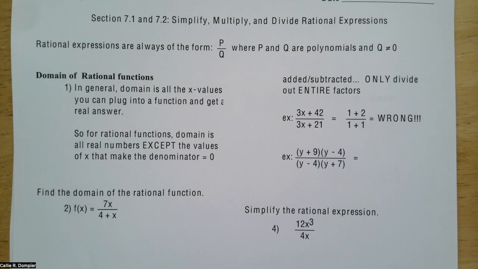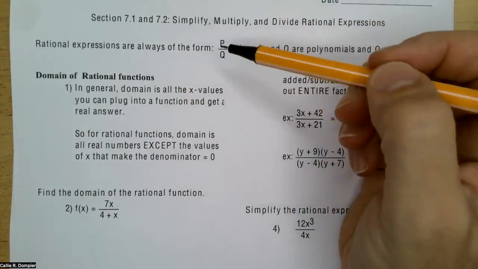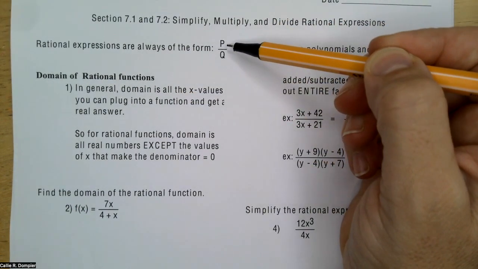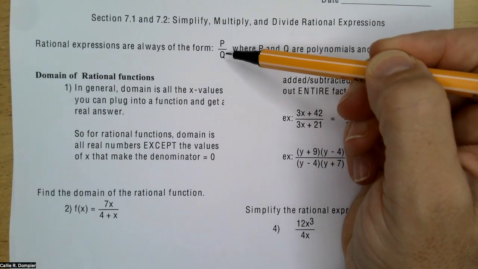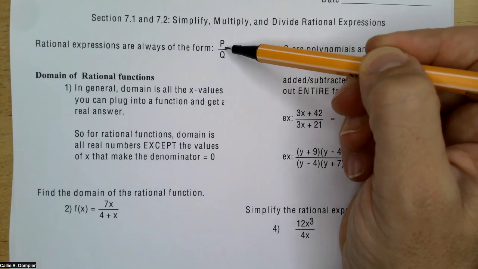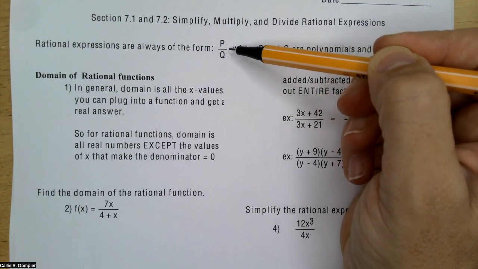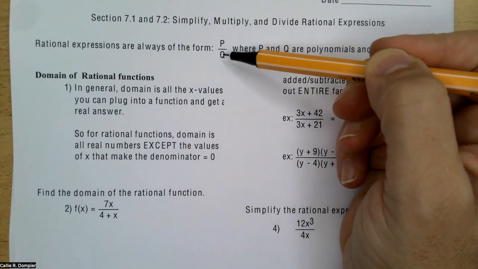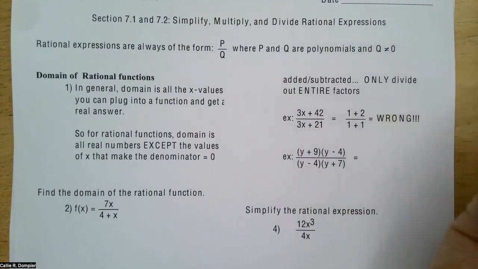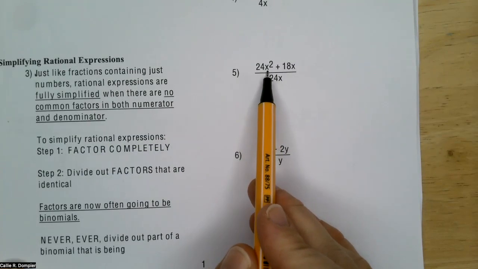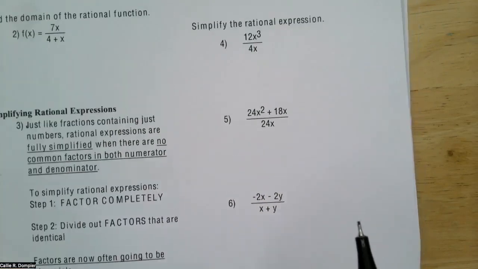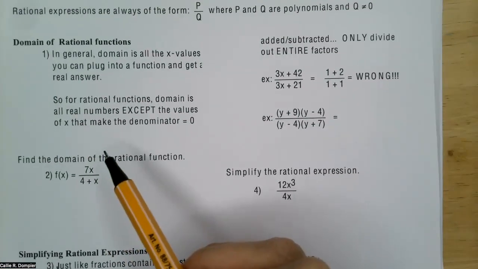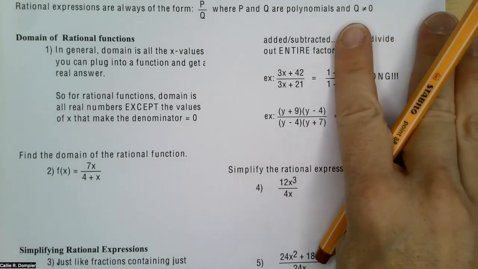When we see rational expressions, I want you to think of the form a term or a polynomial over another term or another polynomial. Remember that the division bar means divide. So P divided by Q might be really big, like 24x squared plus 18x, or it might just be 1, okay?